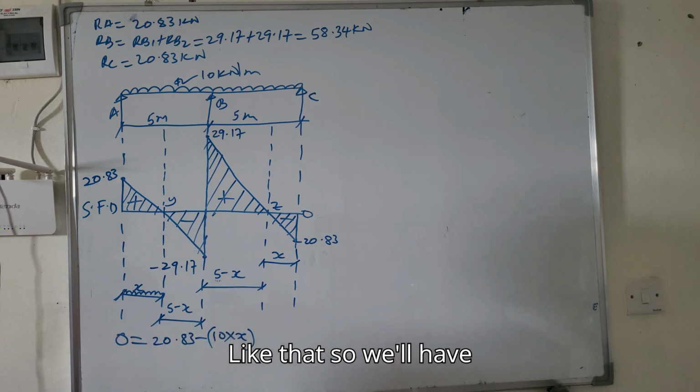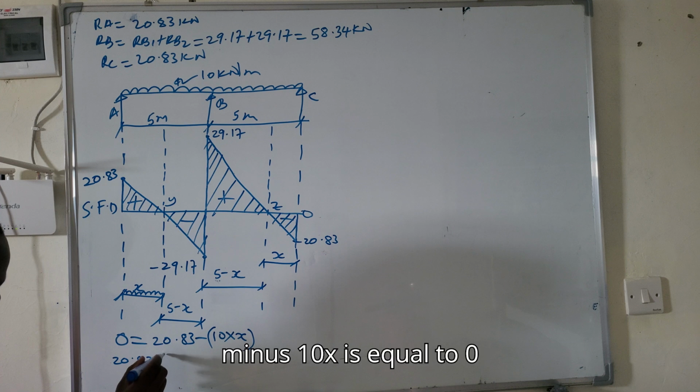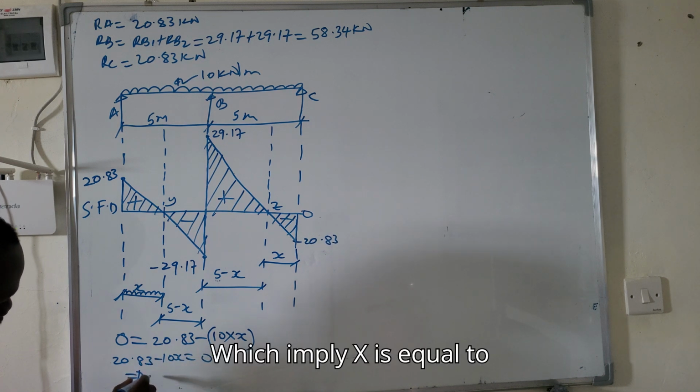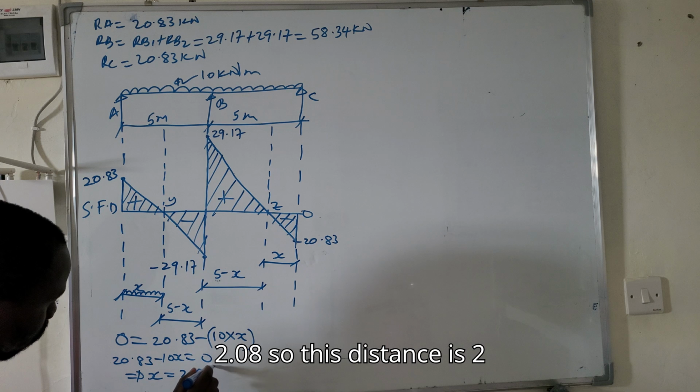So we have 20.83 minus 10x is equal to 0, which implies x is equal to, divide both sides by 10, 2.08.